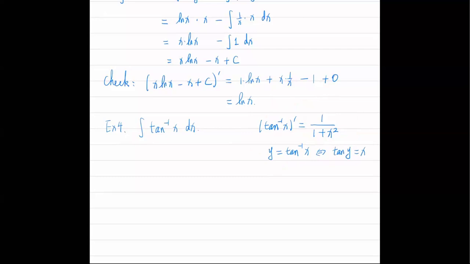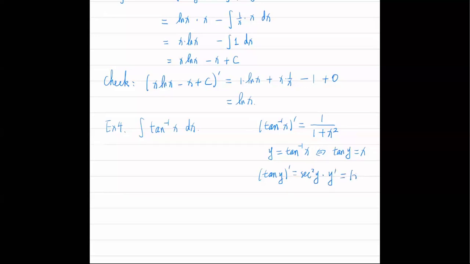So again, we want to find the derivative of the inverse function. If we can find the derivative of this function, that will help us. So again, what's the derivative of tangent? Secant squared, because y is a function of x, with the chain rule.